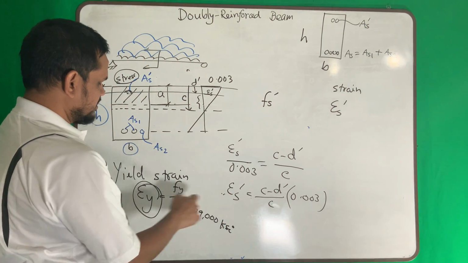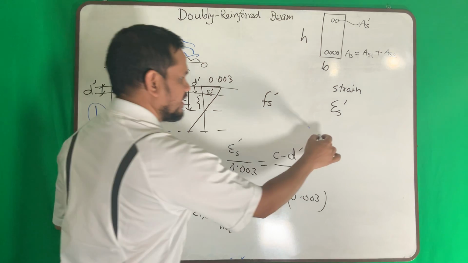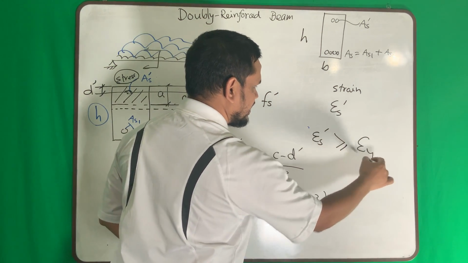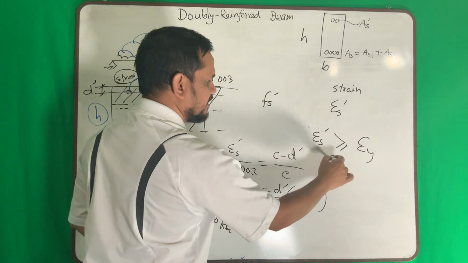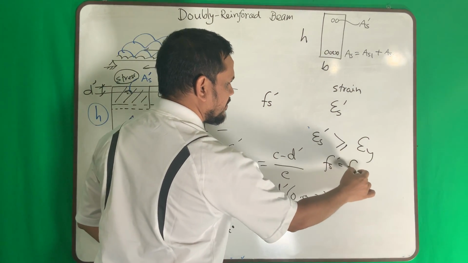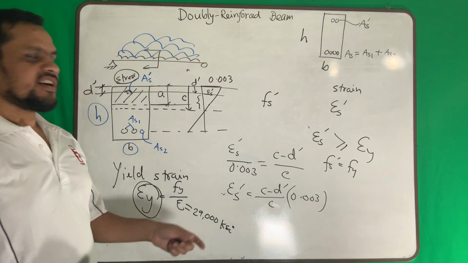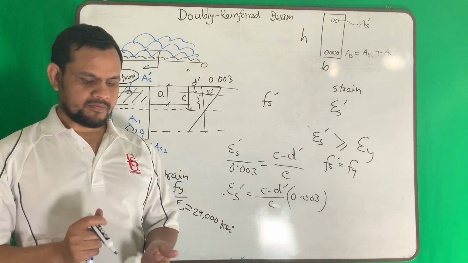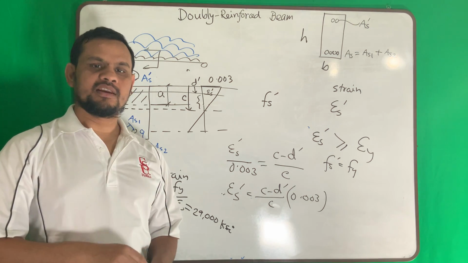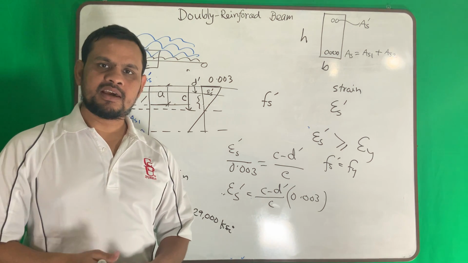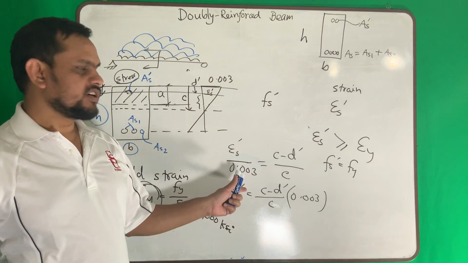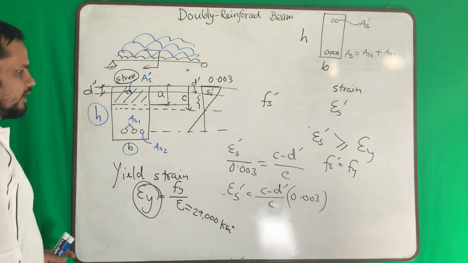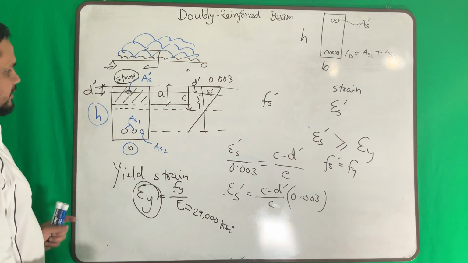If epsilon s prime is greater than or equal to epsilon y, then your Fs prime is Fy. So that is how to find whether this steel will yield or not. Simply find the strain there, compare it with yield strain and then find it. So that discussion is done.